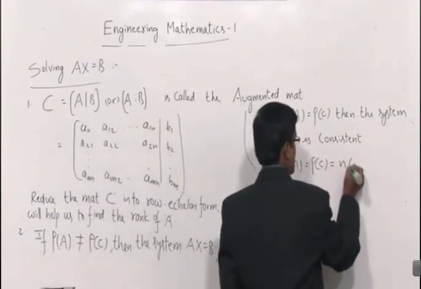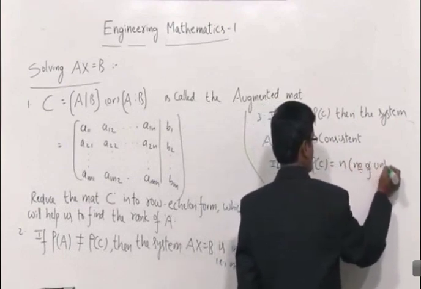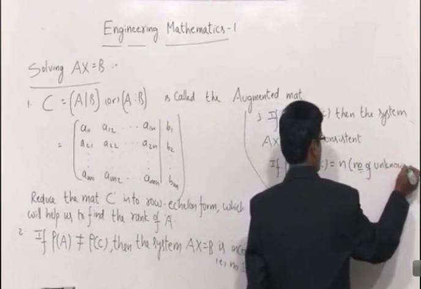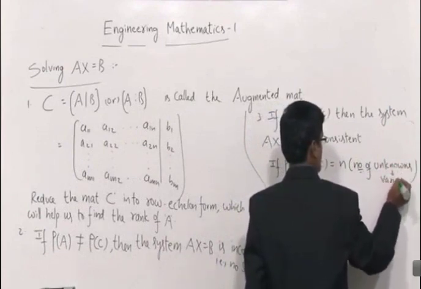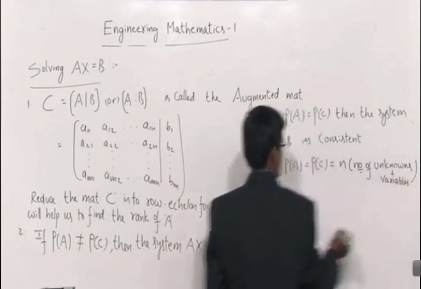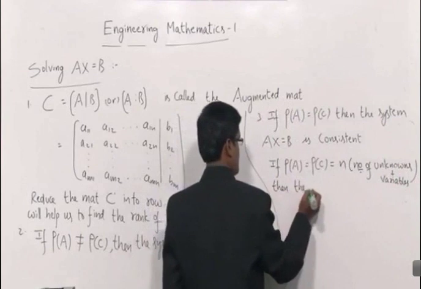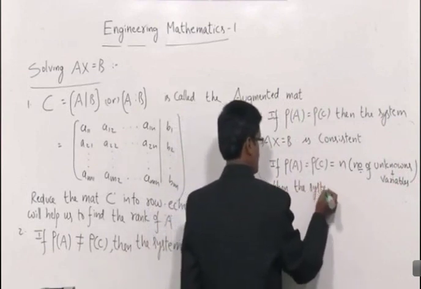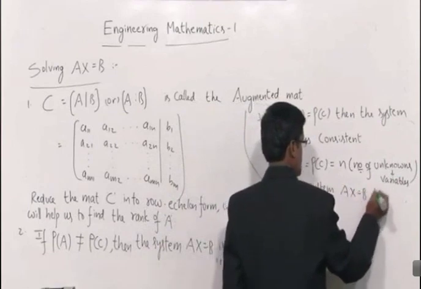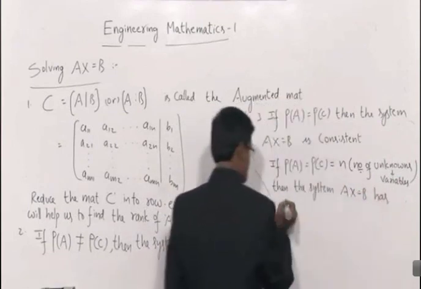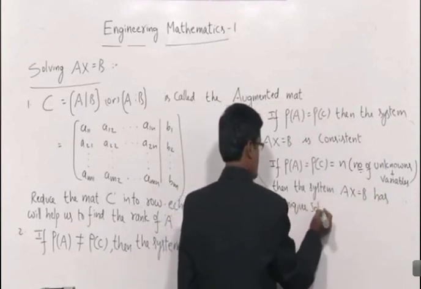If rank A = rank C = n, where n stands for the number of unknowns, also called variables, then the system Ax = B has a unique solution.